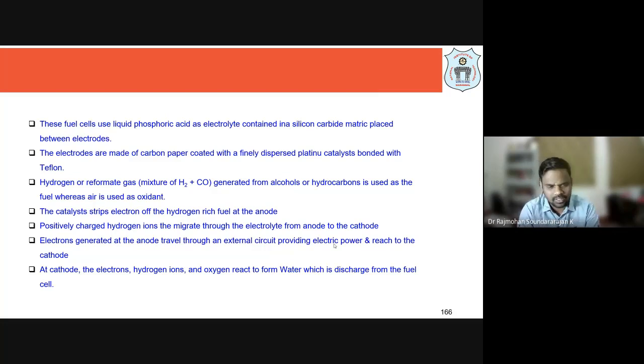At the cathode, the electrons, hydrogen ions and oxygen react together to form water, which is discharged as the byproduct. Remember, in spacecraft, this water is used for drinking. That much pure water is produced in the electrochemical method.